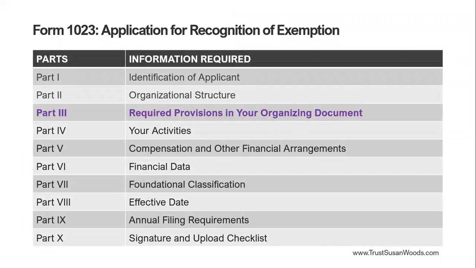Now, the Form 1023 application for recognition of exemption is again the official name of the application that you're completing to earn or to apply for 501c3 status. You will often hear people call this the 501c3 application. That is the unofficial name. Again, the official name is the Form 1023 application for recognition of exemption.